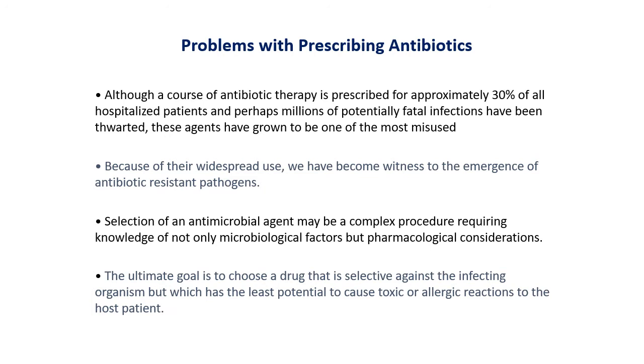And the ultimate goal in choosing a drug, of course, is that you want a molecule that has the least potential to cause toxic or allergic reactions for the host patient. This is true of any drug, but it should also be highly effective. So generally a drug that has a very low MIC, you can administer it at very low concentrations, but it is effective at doing what you want it to do.